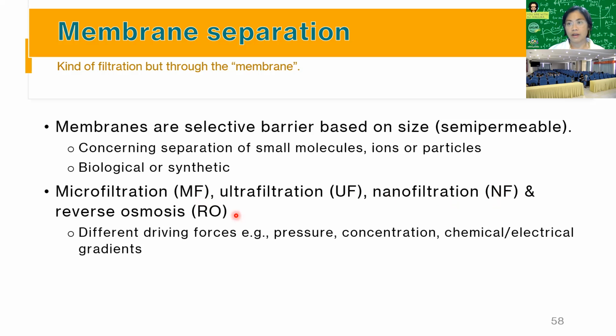These four are commonly known for membrane separation, and the driving force is different, but basically it is pressure, concentration, or a chemical or electrical gradient. There are some other types of membrane separation that I'm not covering in this lecture, like dialysis and electrodialysis, which sit somewhere between NF and RO here.